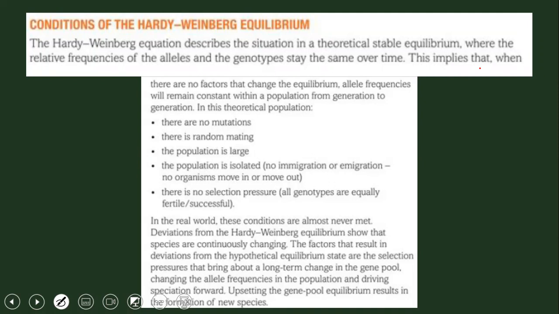Natural selection is going to take place. Selection pressure will drive speciation as the environment changes, and you're going to end up observing the change in allele frequency. So again, that is what happens in real life. The requirement for Hardy-Weinberg equilibrium is, of course, that there should be no selection pressure.